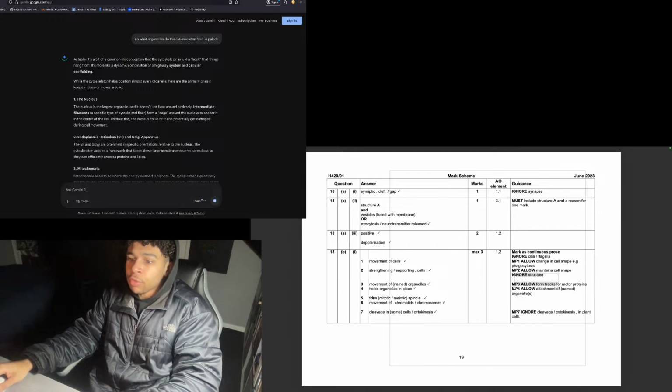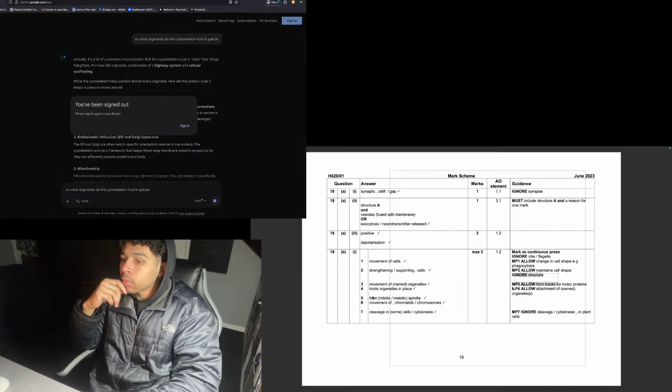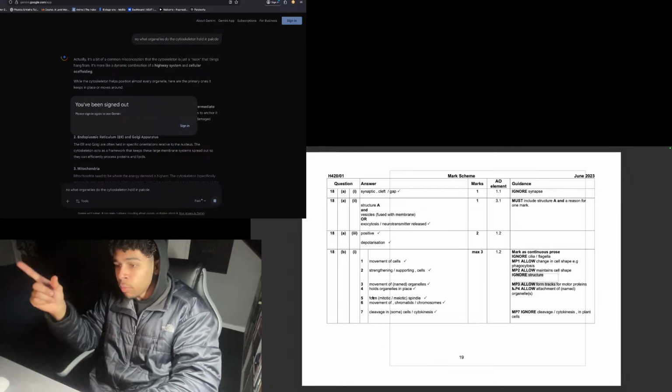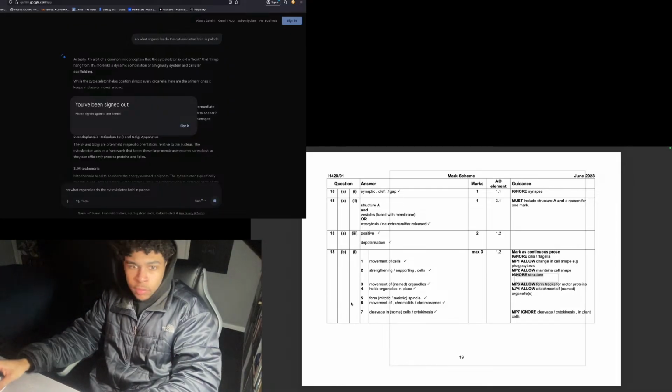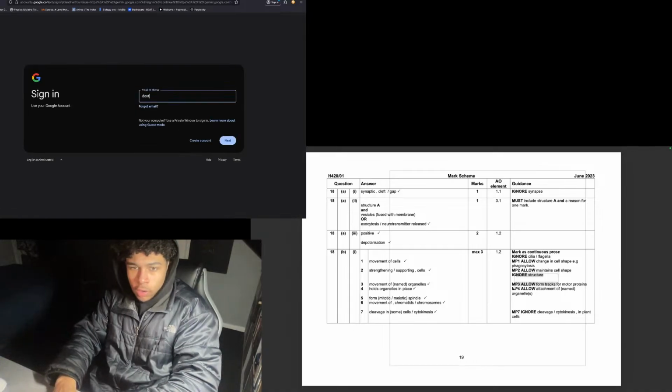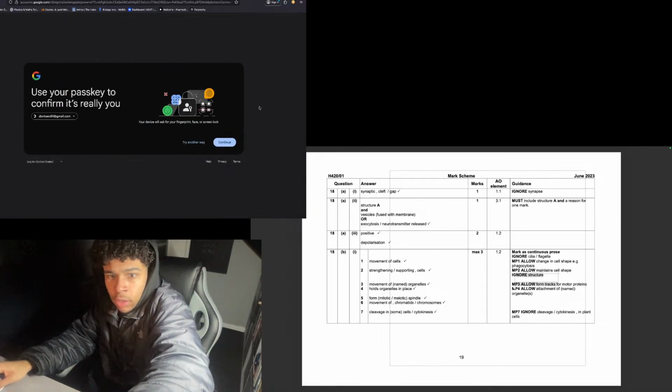So you could have literally gotten 3 marks from just mentioning mitosis. Just saying it forms a spindle. Movement of chromosomes. Why? What's the point just signing me out?